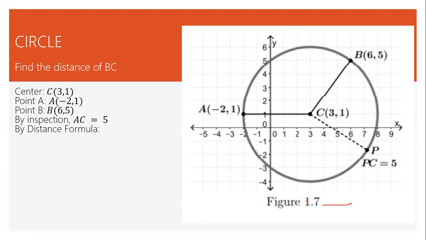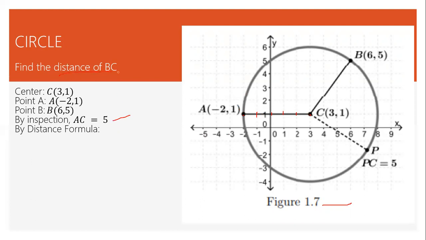So by inspection, this segment from point A to point C, if we manually count it, is 5 units in length. So from point A: 1, 2, 3, 4, 5. That's 5 units.